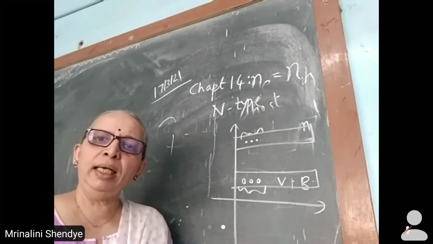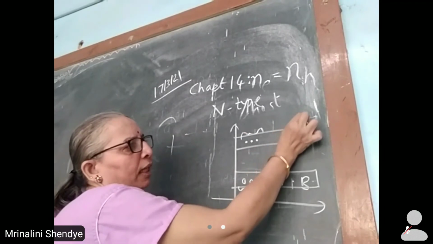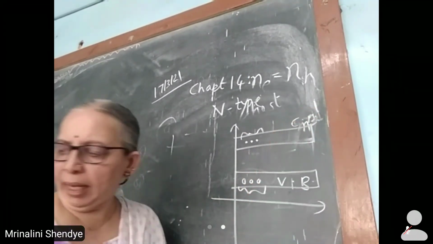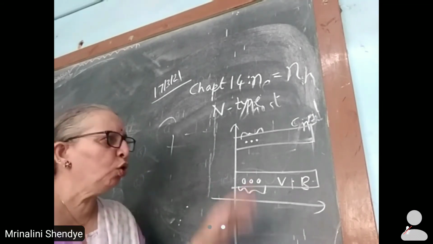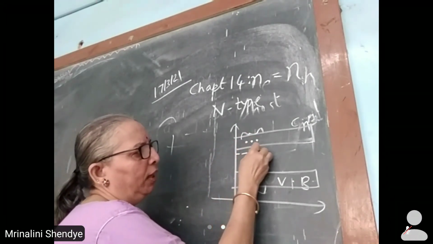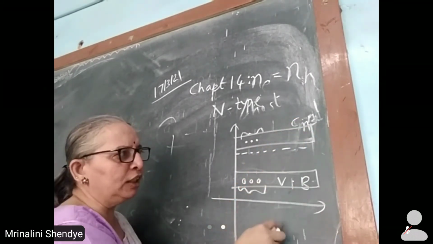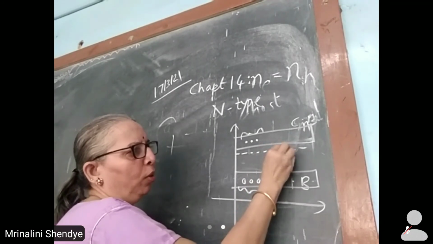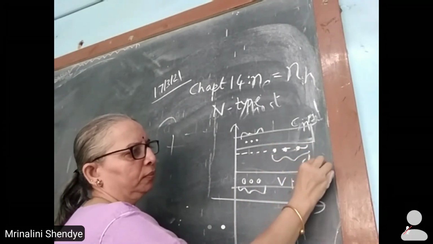These donor electrons can be raised to the conduction band by receiving very small energy. So donor electrons form a new energy level which is close to the conduction band, and these donor electrons lie over here.